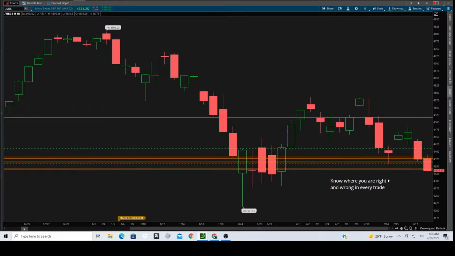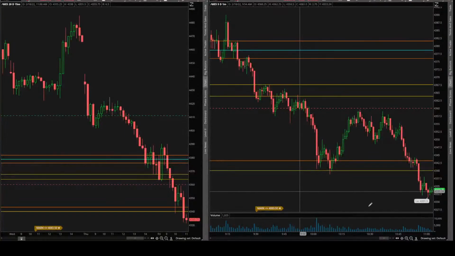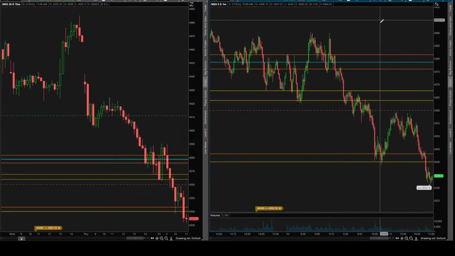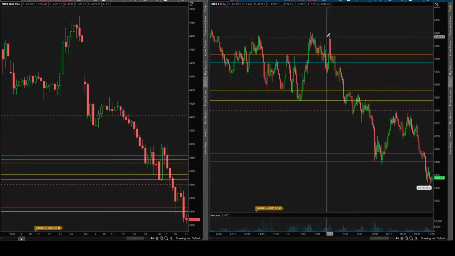I wonder as well if, let's see, looking at the 1 minute here, I remember earlier in the day, right, this is where we got long, down in here, this area, came up here, and the area that I had for a target for a scale out was 94. Now, luckily, I got out of half of my position right here at 90 and 89.